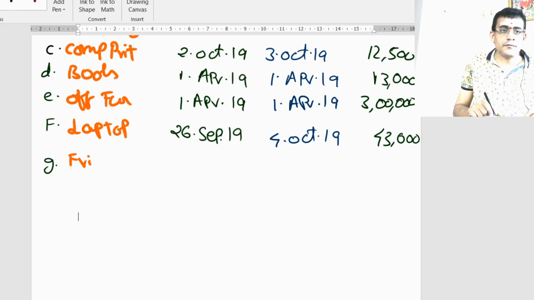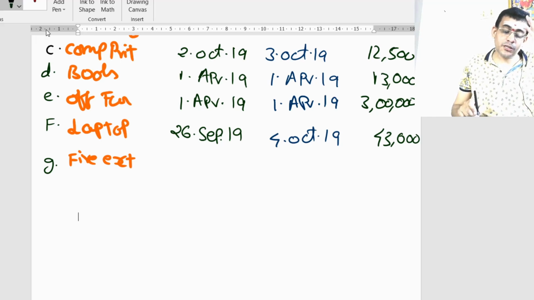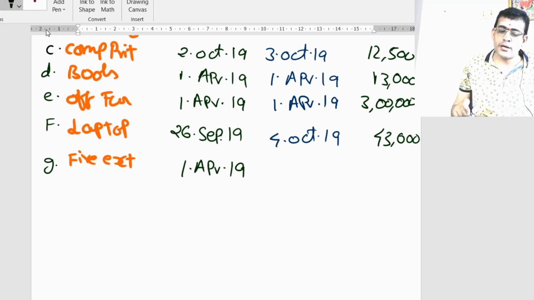Fire extinguisher is the next asset. The date of acquisition is 1st April 2019, when you acquired it. No instance occurred, because put to use will happen only when any fire accident is happening.